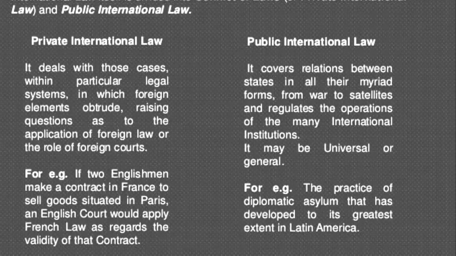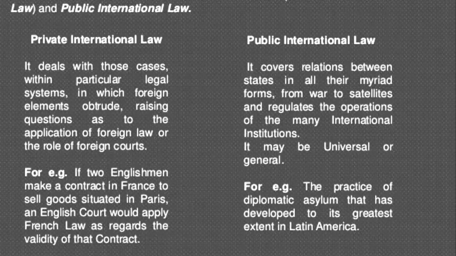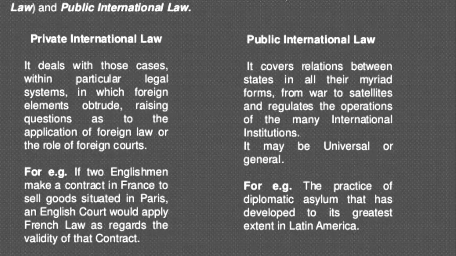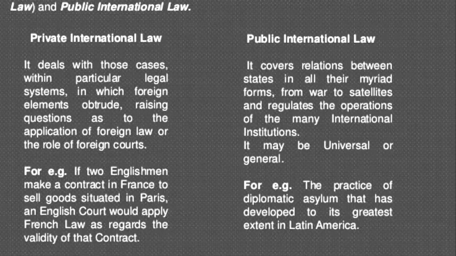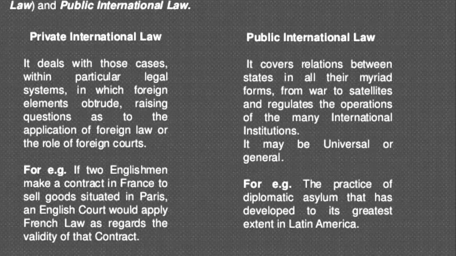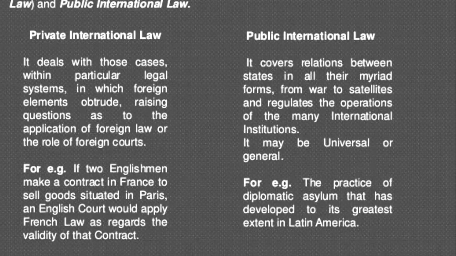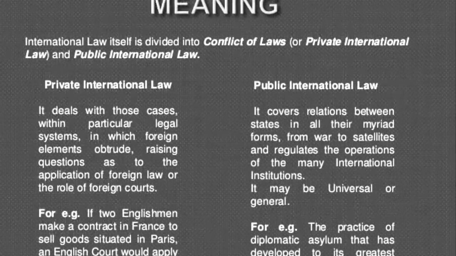Now, what is important about all these three writings? What is the distinguishing feature of all these three writings? For me, it looked like all these three writers were using different approaches to study the question of jurisdiction.